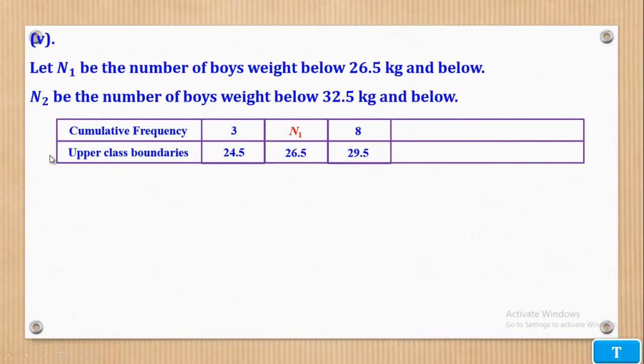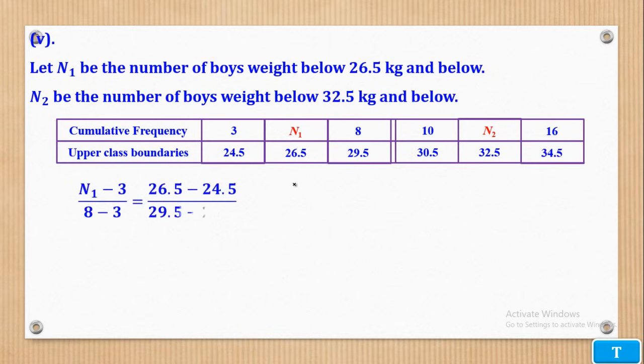So let's do that. So 10 corresponds to this, then n2 corresponds to 32.5, and 16 corresponds to that. Okay, now the question is, how do we get this n1? We have these 3 points, they lie on the same line or on the same ogive.